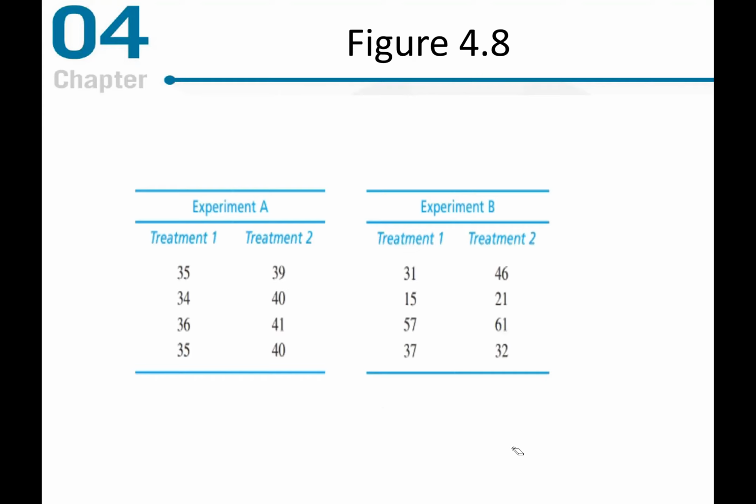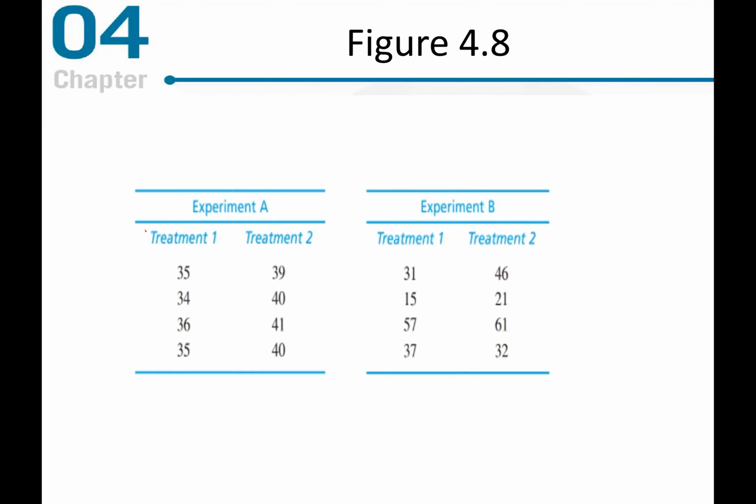So here is sort of an example of how variability obscures patterns in the data. Here are two experiments with two different treatment groups.